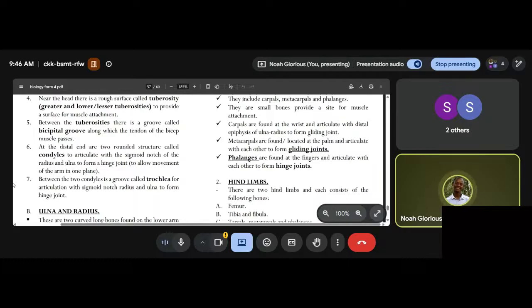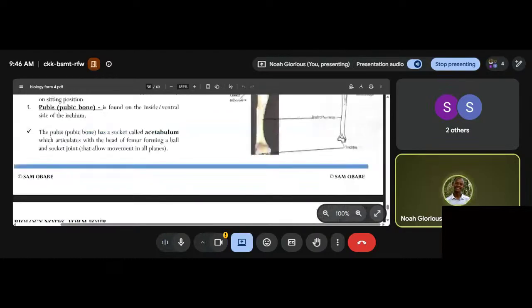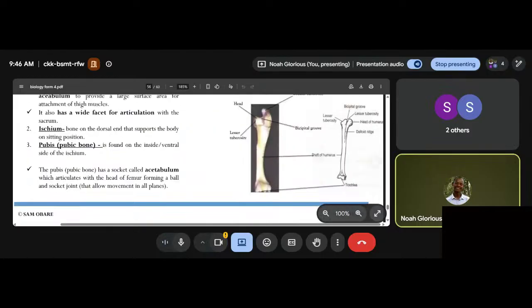And then finally, point number 7, between the condyles, the one that we have talked about, like a small opening, there's another opening. Now that small bone that appears at the most end, the trochlea, is the one that locks the humerus here completely.